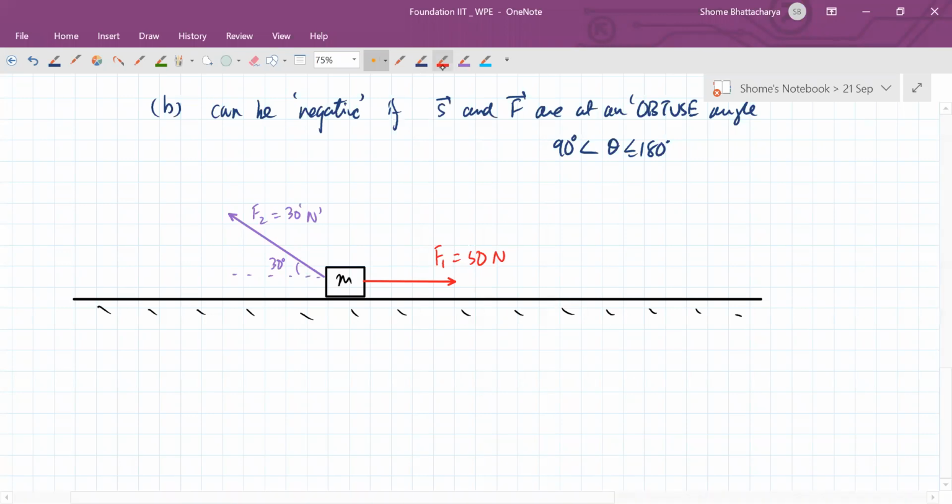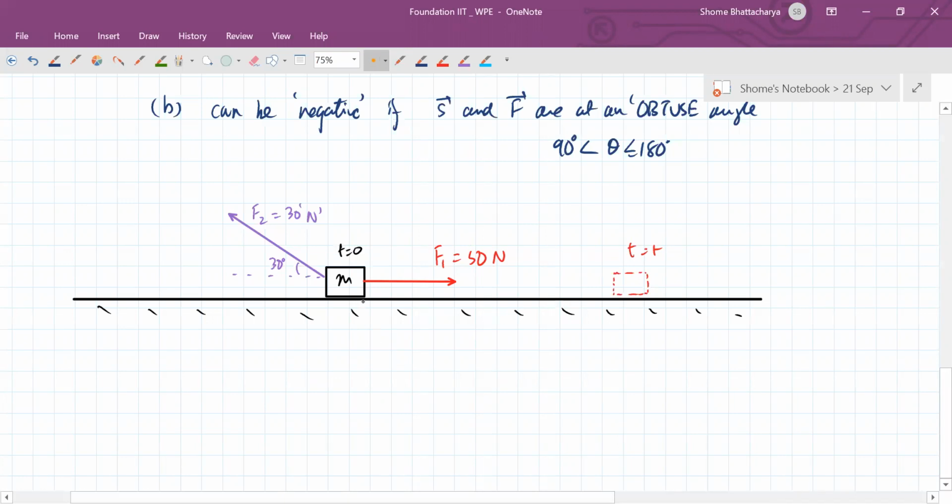Now, under the action of these forces, after some time, the block reaches here, whereas this is where the block started from at t equal to 0.